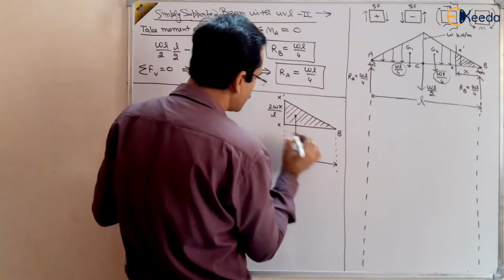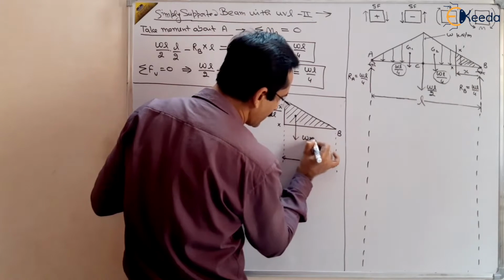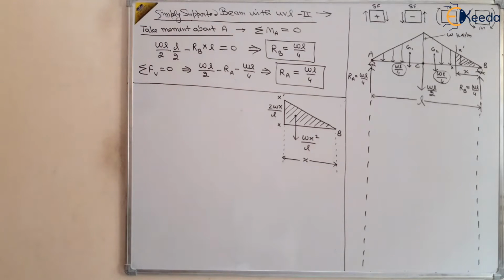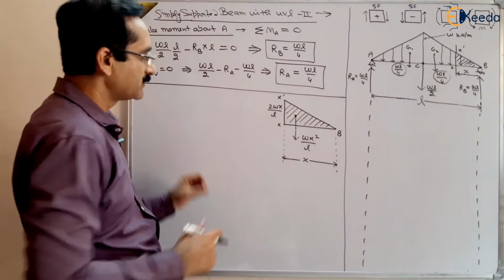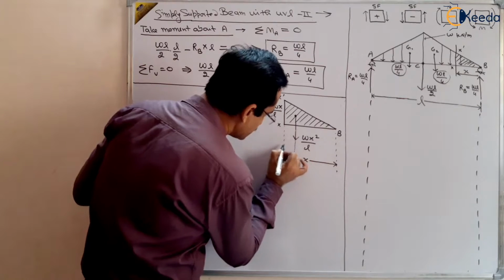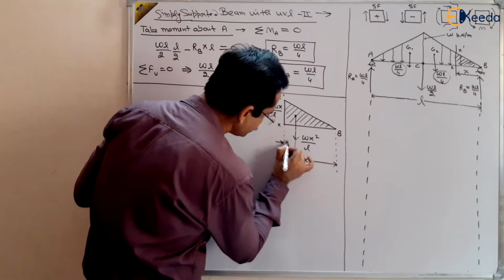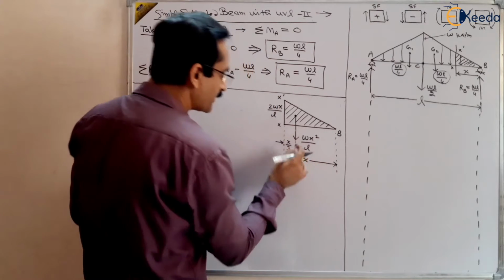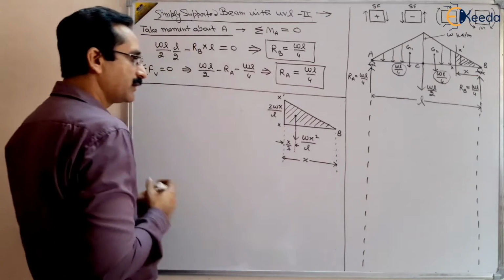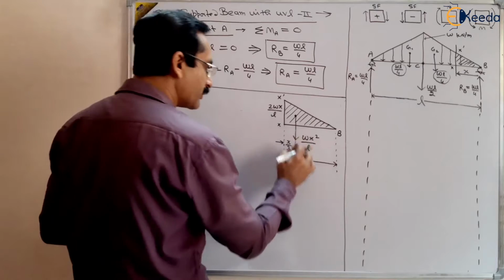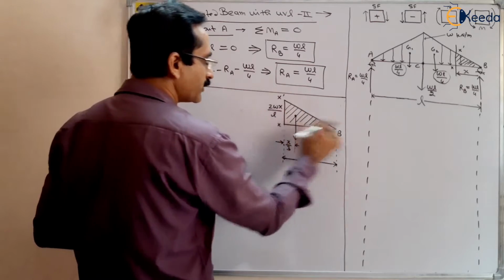So this will be Wx square by L. This much force acts downward at a distance of x by 3 from x dash. This load Wx square by L acts downward, equal to the area of this triangle.